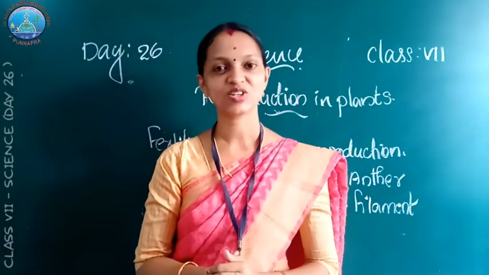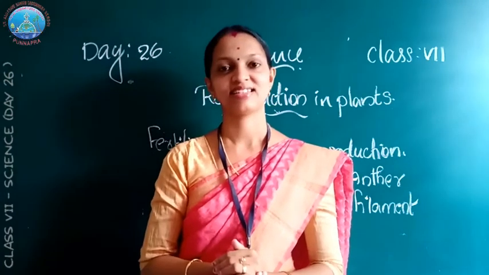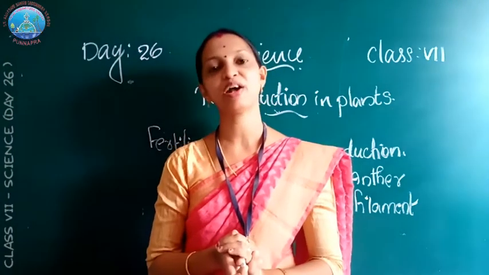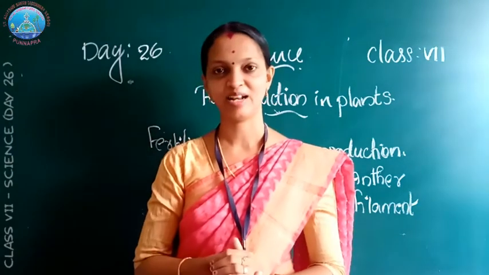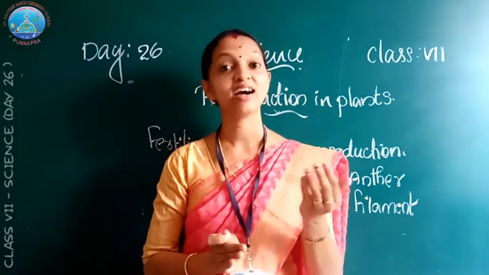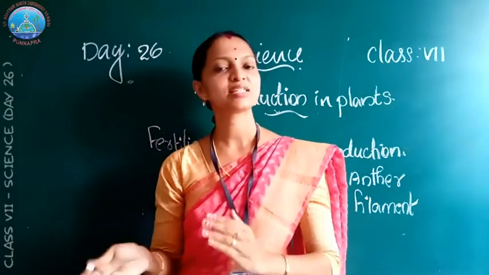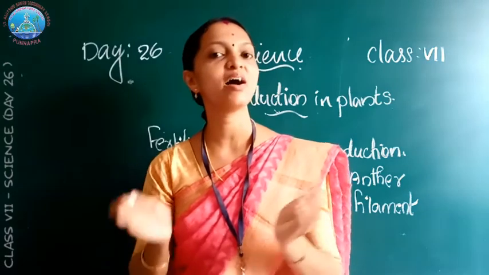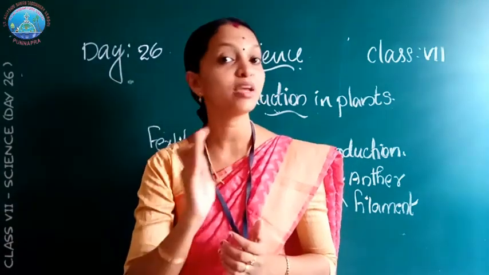Okay, dear children, today we are studying sexual reproduction in plants. The flower is the reproductive part of a plant. The flower consists of stamen and pistil. Stamen contains anther and filament. Anther has pollen grains, that is the male gamete. And pistil consists of style, stigma and ovary. Ovary has ovules. Ovule is the female gamete.